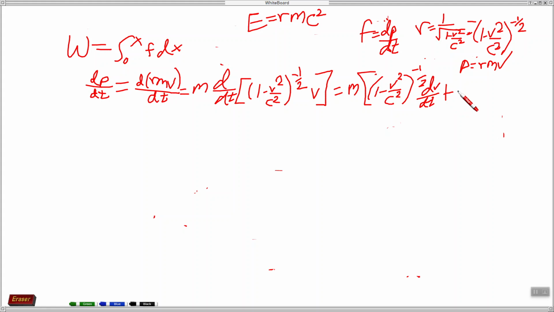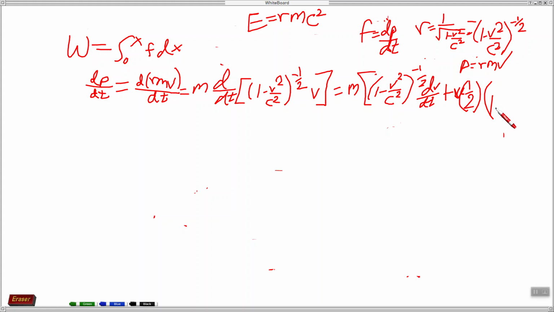And now we're going to use the chain rule. So we're going to keep the v constant, and according to the power rule, n x to the power of n minus 1, we're going to take the negative 1/2 outside, and then do the exponent minus 1.